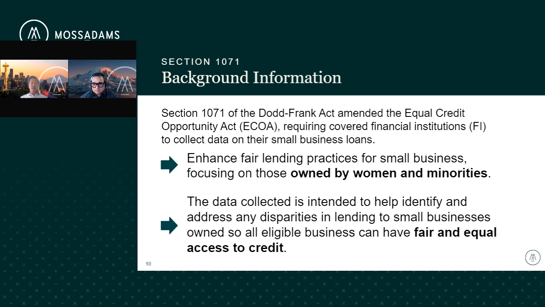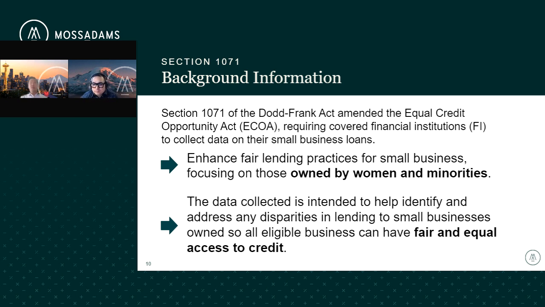HMDA covers residential mortgage loans for purchasing homes, refinancing existing mortgages, and improvement loans on residential mortgages, but again does not cover commercial lending like 1071 does. Although HMDA data is made public each year, for the data that's collected on 1071, it does not seem to be fully determined yet what is going to come about in that area.